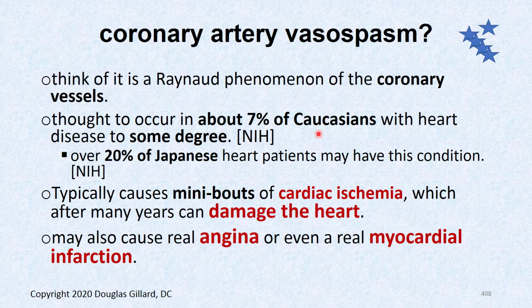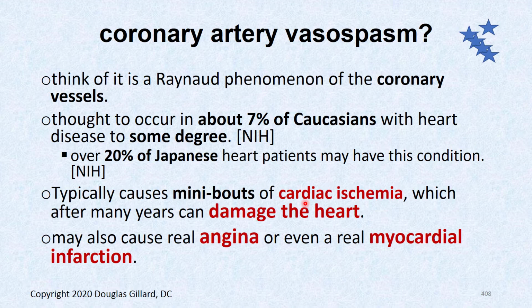So they're the worst out of all the different types of populations to be affected by this. And there's kind of a couple ways that it can happen. There's mini attacks of cardiac ischemia, they believe. And again, they can't see this, so this is all theory. But they believe, just like Raynaud's, you get mini attacks of coronary ischemia over and over and over.